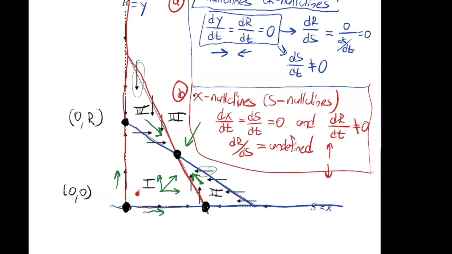It's going to head away. Because if we start here, we go up and to the right, which moves us towards this one over here. If I start over here, we go up towards this equilibrium, so we're moving away. If I start over here, we move over towards this equilibrium, so we're moving away.